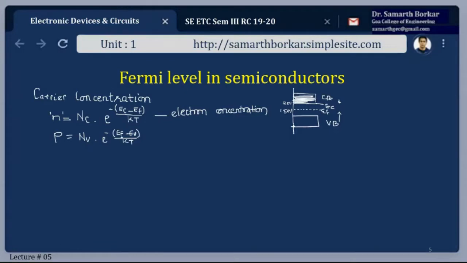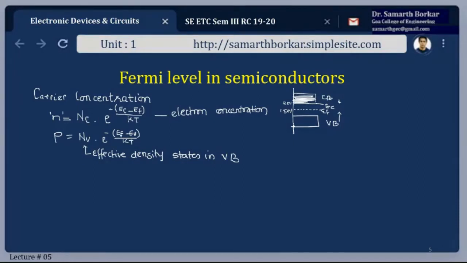NV is the effective density of states in the valence band. Likewise, NC is the effective density of states in the conduction band.